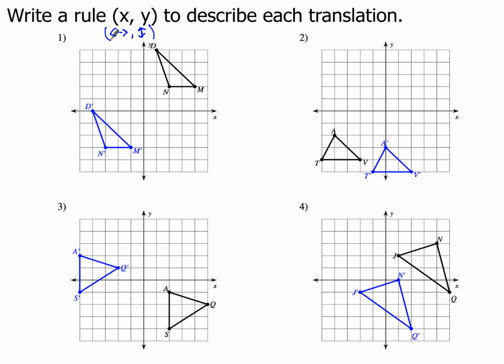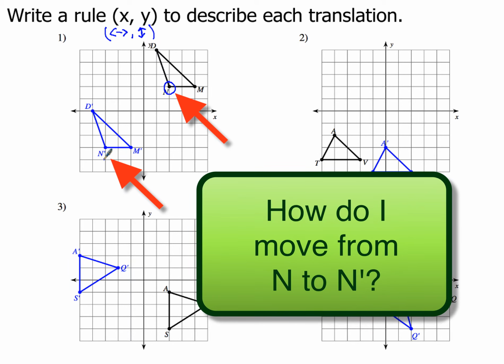So that's going to be one of the things that we're going to have to pay attention to when we translate a figure here. Now this is going to get very simple, and we're just going to make sure that we count. And I'm going to pick point N right here. And what I want to do is figure out how do I move it all the way over here to N prime. So in order to make that move, I'm going to have to be able to count.